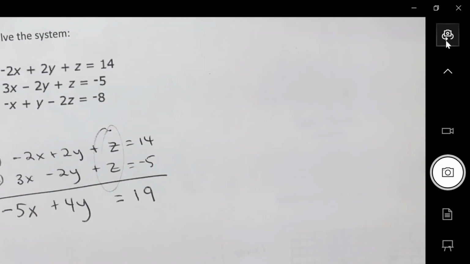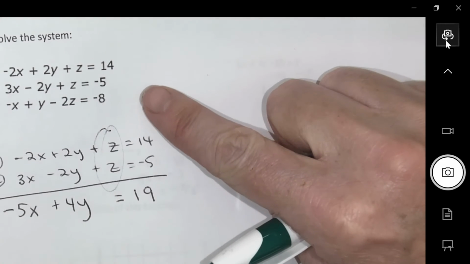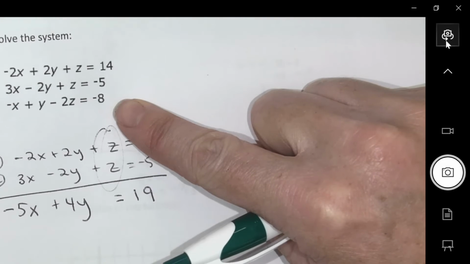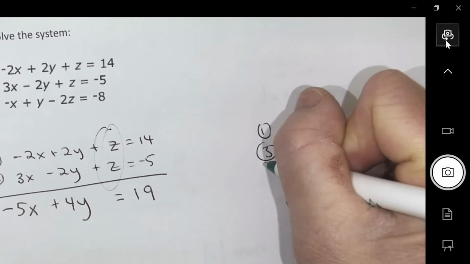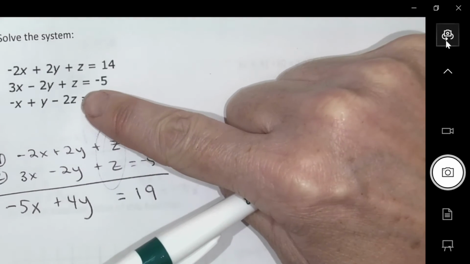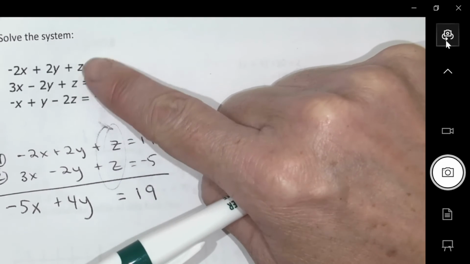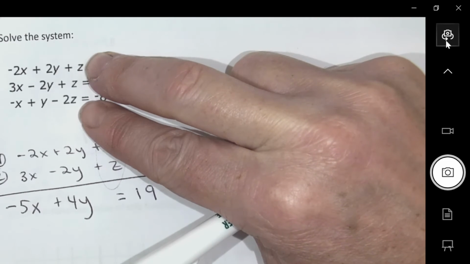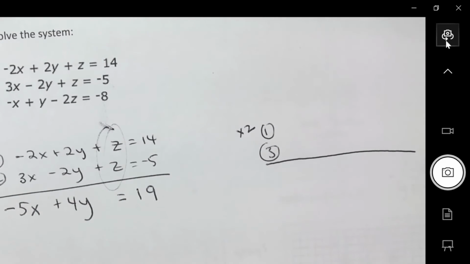Okay, next. We're going to get rid of Z. What do you want to do? We could do 1, 3 or 2, 3 together. Doesn't matter. Should I just go 1 and 3? But what am I going to need to do with equation 1? I'm going to have to times it by 2 to match it up with this 2Z. Does that make sense? Do you see that? I got to get this the same. So I'm going to double the first equation.